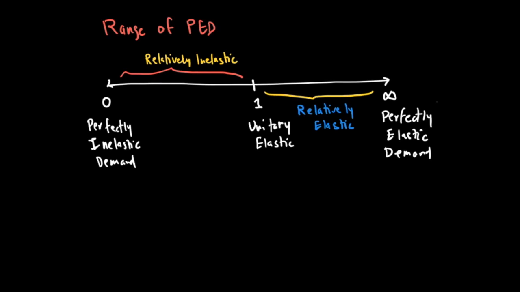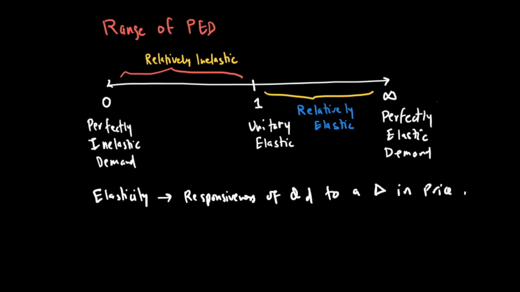Now, when you are here on this part of our graph, this end here, versus when you are here, the elasticity is going up because we become from a perfectly inelastic, more elastic, which means when the elasticity goes up, what we actually want to say is just that the responsiveness of quantity demanded to a change in price actually goes up.